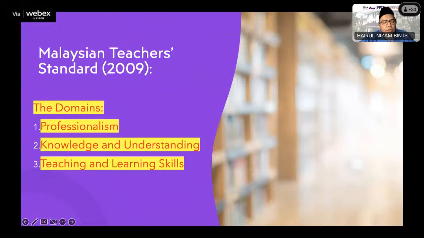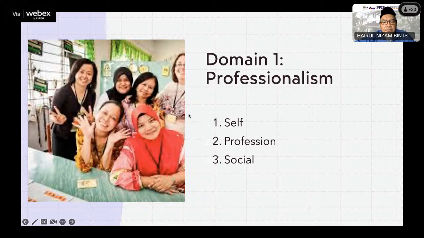Of course, each domain has its subdomains. Looking very quickly at professionalism, domain number one, there are three subdomains: self, profession, and social. This looks at teachers themselves having all the values that we need, and the importance of really upholding professionalism in this profession.